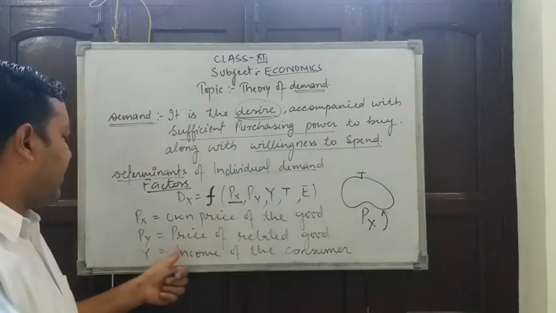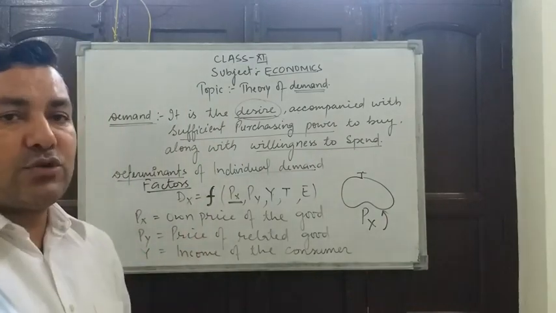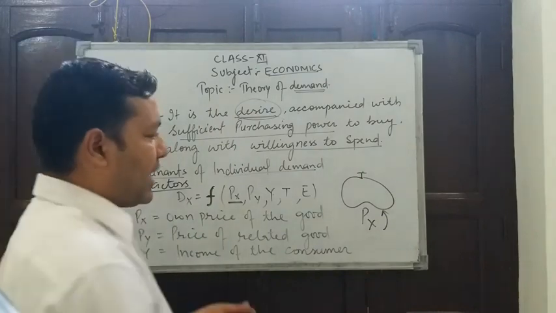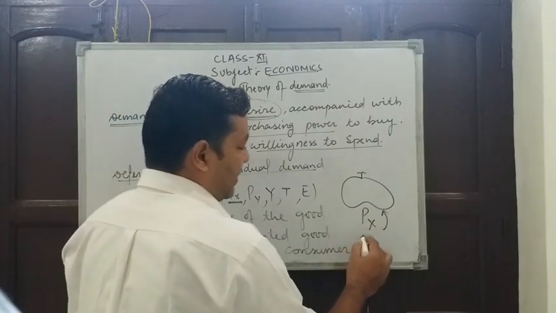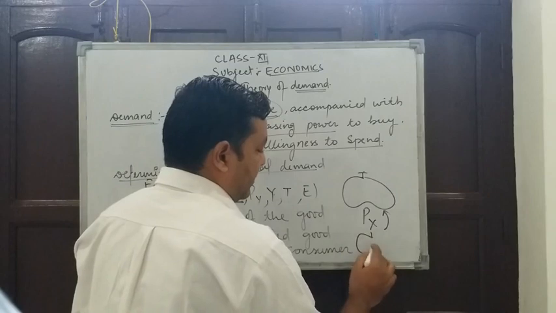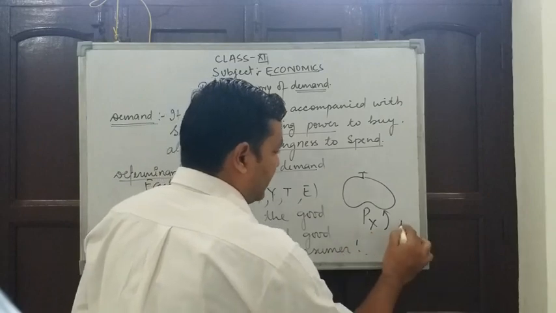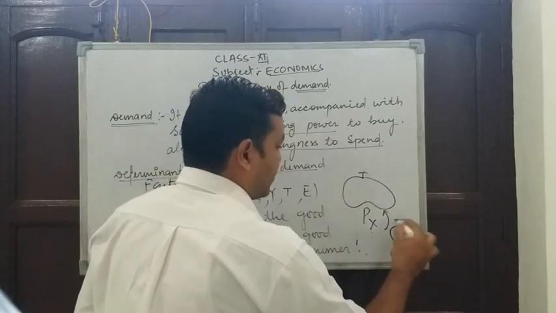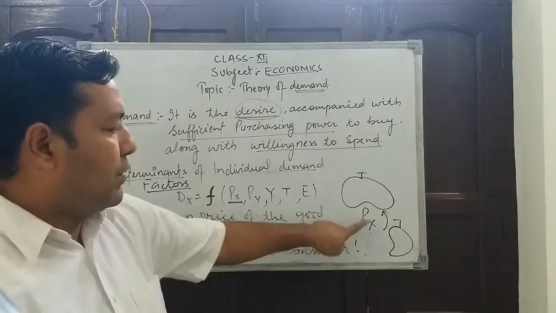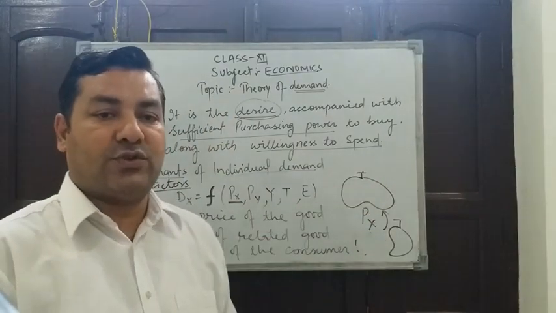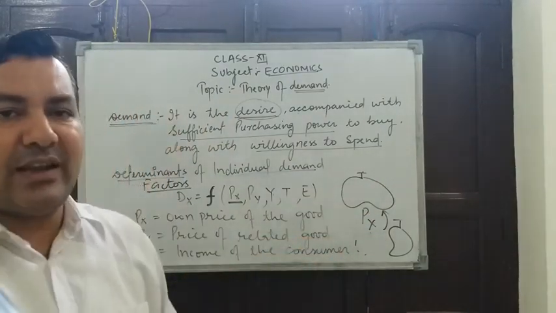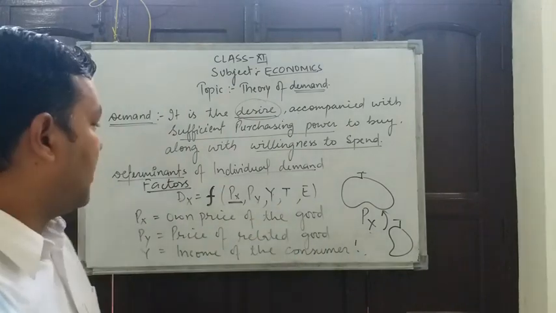Then we have the second thing, Py, price of related goods. Suppose we have this mango. So mango is its related good. We will discuss this in detail later on in our next PPT.